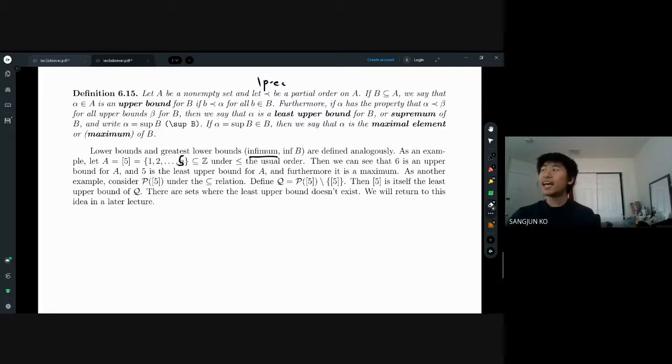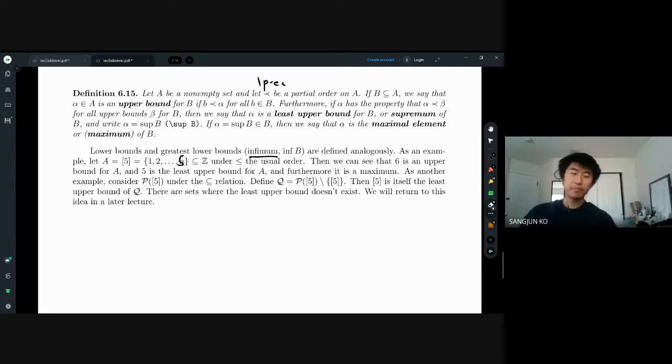A lot of the times it's just going to depend on the book. I think I saw less than more often, though I'm not really sure.